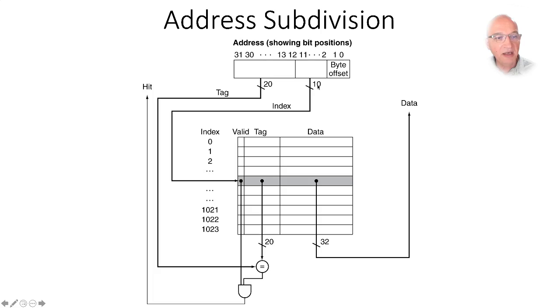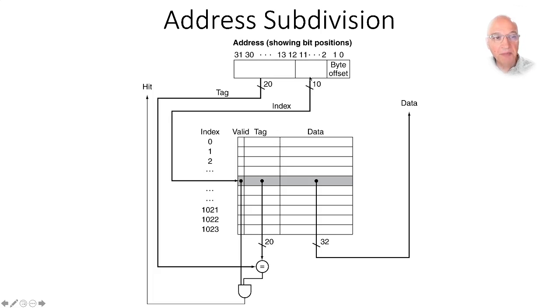So with a single word, and there are 1024 words in this cache, each word is 4 bytes, so this is a 4 kilobyte cache. The size of the cache is always given by the amount of data that the cache can store. The space you use for the tag and for the valid bit is not counted when we talk about the size of the cache. So this is a 4 kilobyte cache.